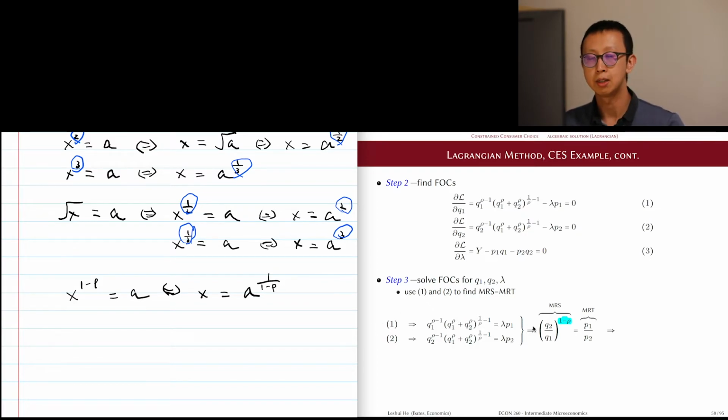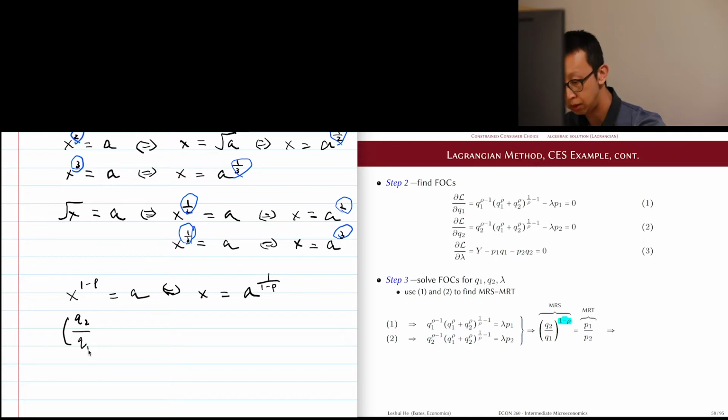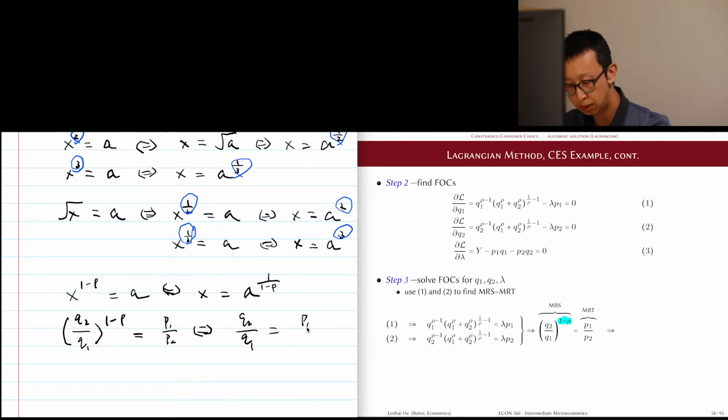Now, on the right-hand side of our slides here, we can treat this entire ratio of Q2 over Q1 as x and treat this ratio of P1 over P2 as a, which is a positive constant. So now we're able to rewrite our expression, which is Q2 over Q1 to the power of 1 minus rho is equal to P1 over P2, as Q2 over Q1 is equal to P1 over P2 raised to the power of 1 over 1 minus rho.